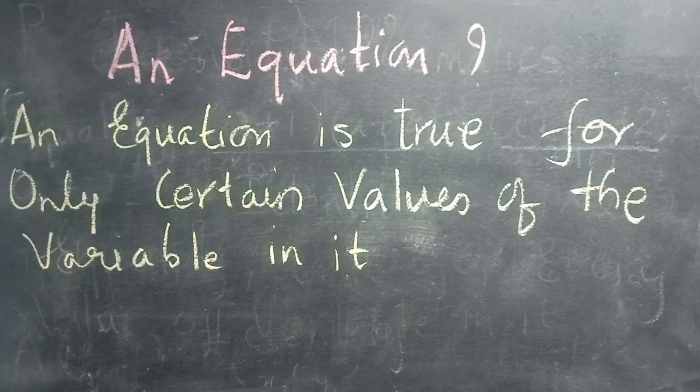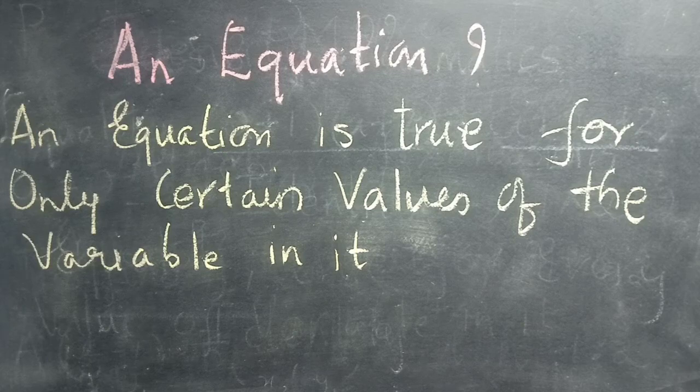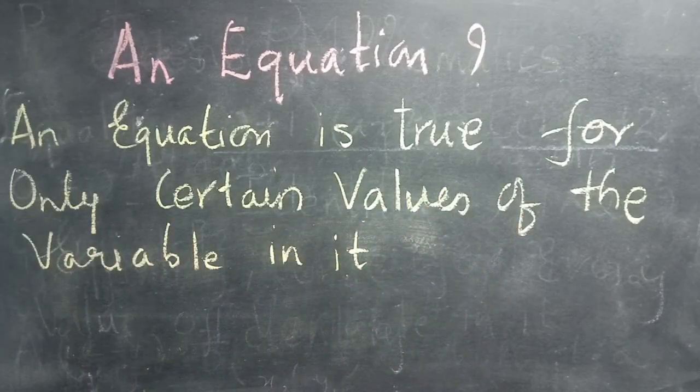An equation is true for only certain values of the variable in it, whereas an identity is true for any values of the variable in it. We call that an equation.